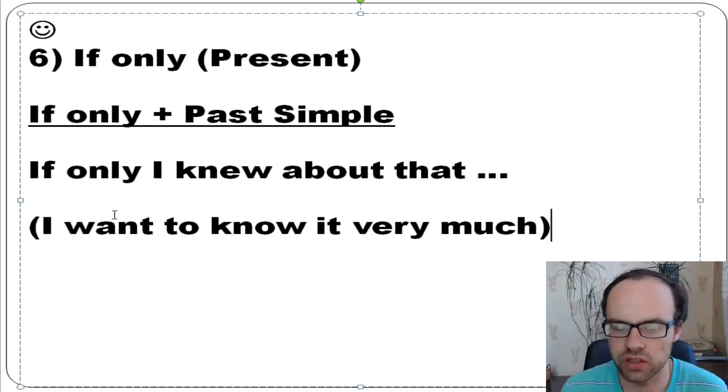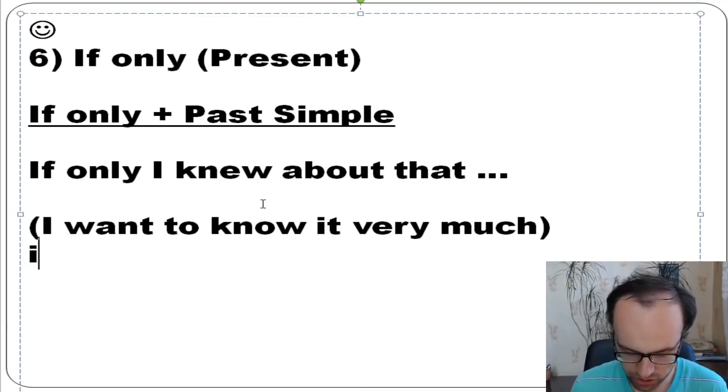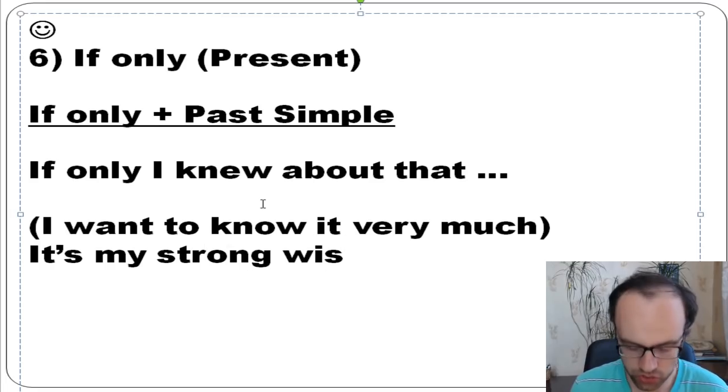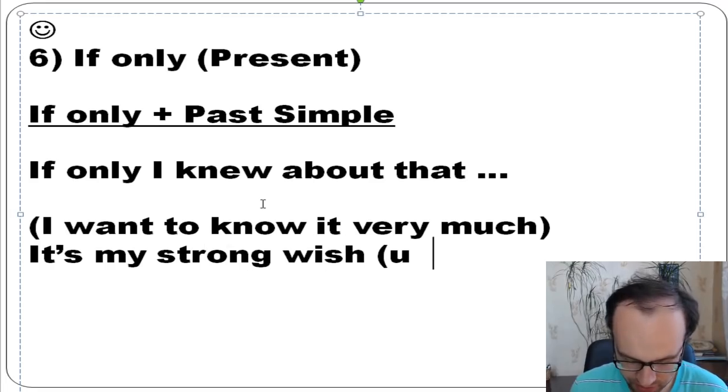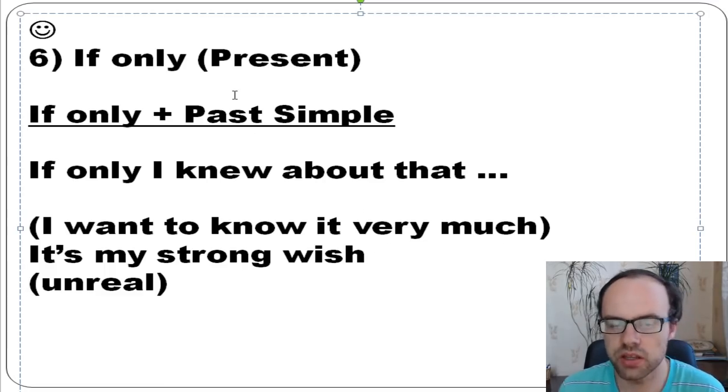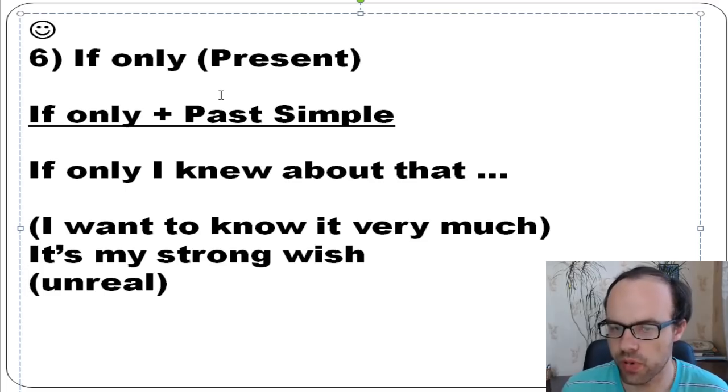If only. So it's my wish. It's my strong wish, but unreal. So it is unreal, and that's why we use past simple like in the second conditional.